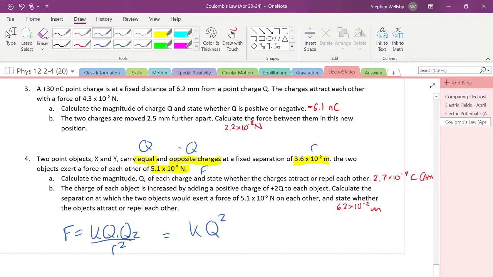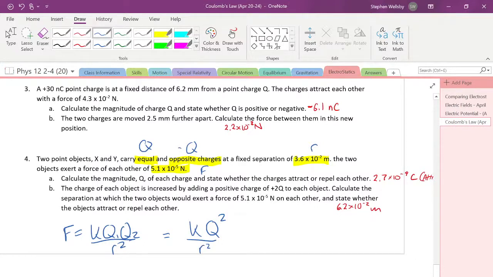Now, I'm going to omit the negative sign, and I'm going to give you a bit more detail why next week. For vector quantities, we kind of ignore the sign, but for scalar quantities, we don't ignore the sign. So instead of calling this Q and negative Q, I'm just going to call them both Q to make our life a little bit easier.